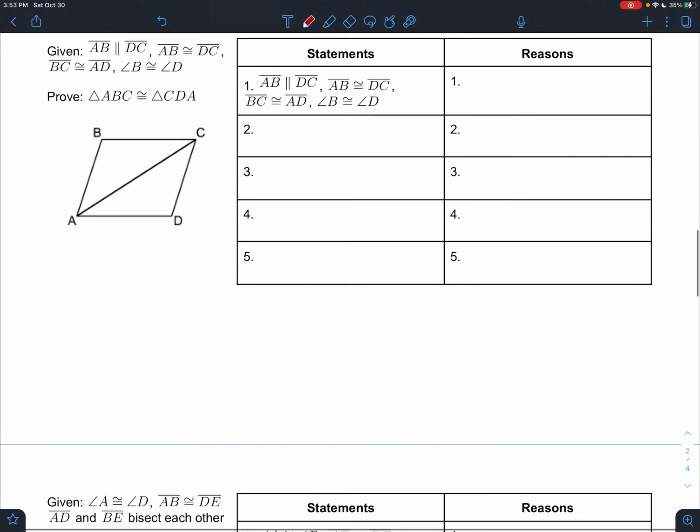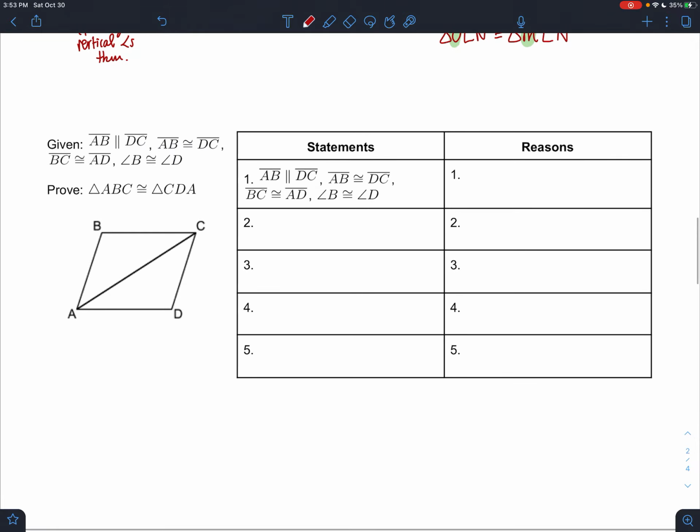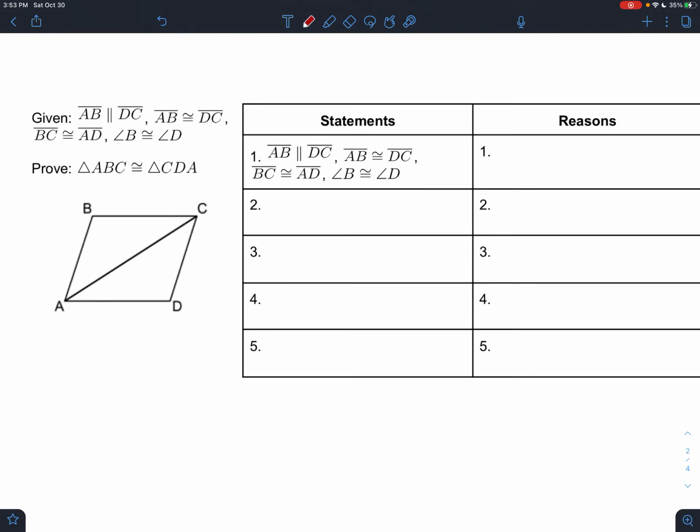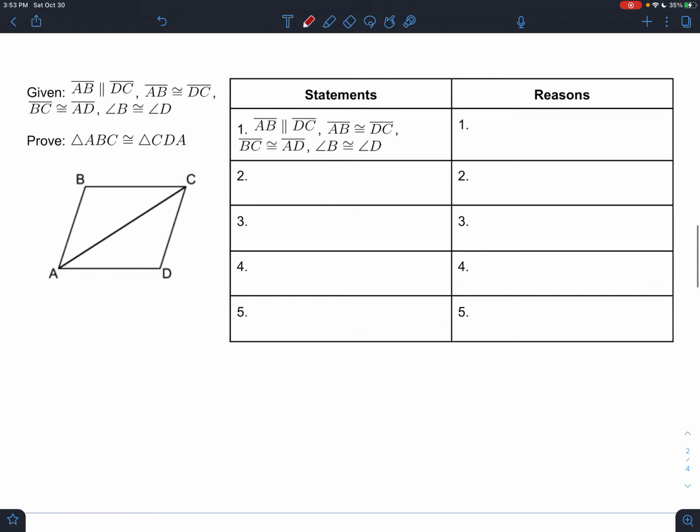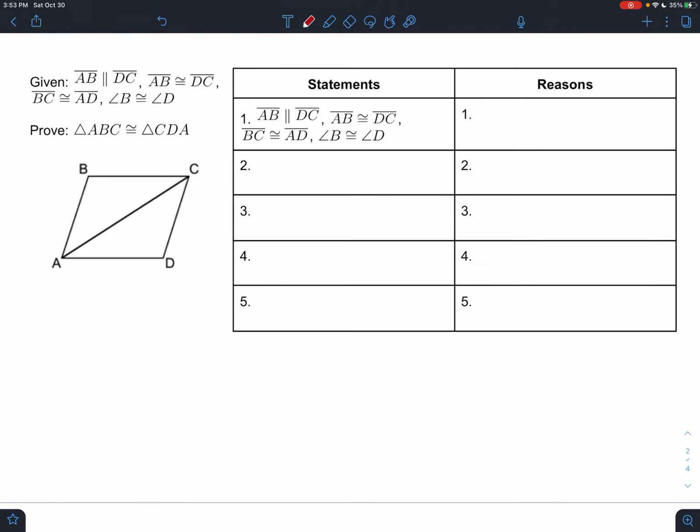Okay. So I have some proofs for us to do, and then that'll be it for the video. So it's more important about just listening to the process. So when we're given 4 different things, let's label everything. AB is parallel to DC, and we have some congruent sides as well.